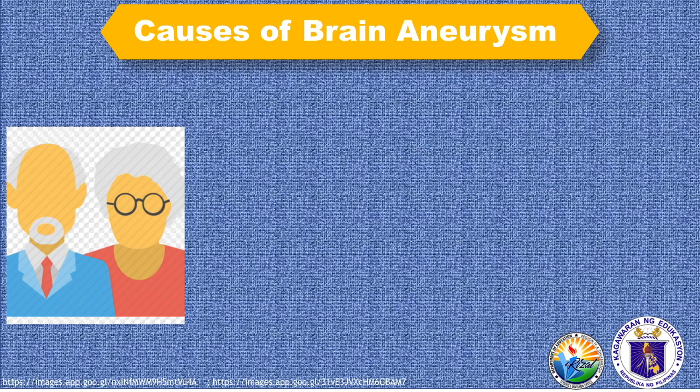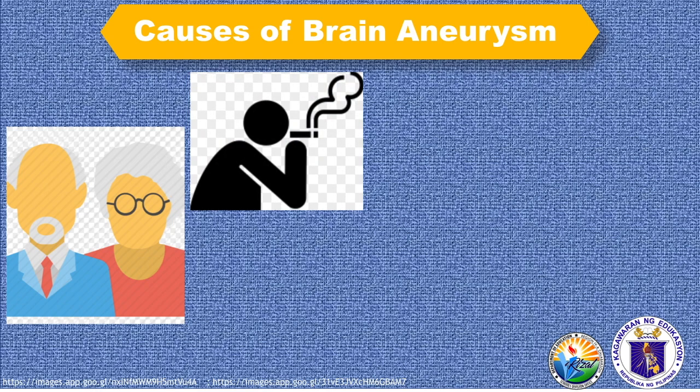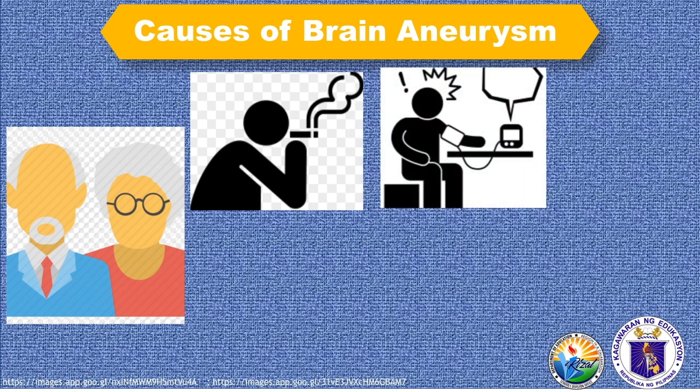Some older people have higher risks of brain aneurysm. Also, cigarette smoking. According to reports, the very reason why Isabel Granada acquired brain aneurysm is because she was a chain smoker. The other one is high blood pressure or hypertension. So if you are suffering from hypertension, then there's a possibility that you will have brain aneurysm as well.